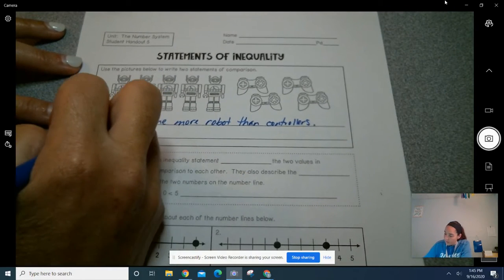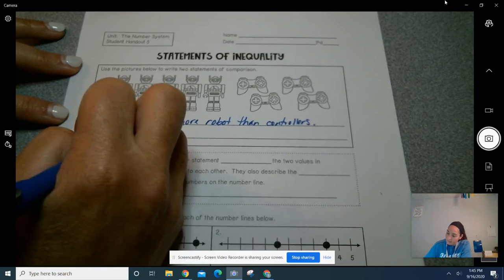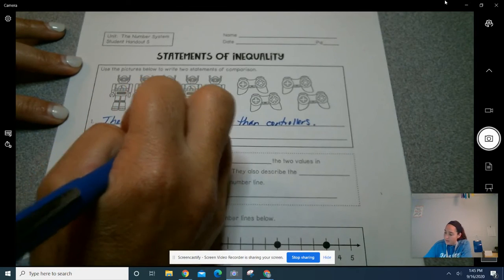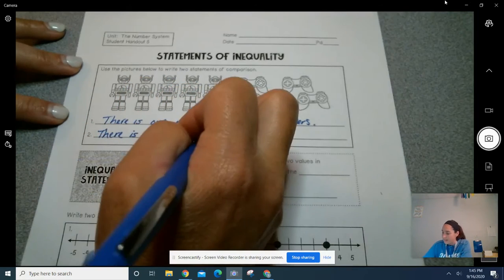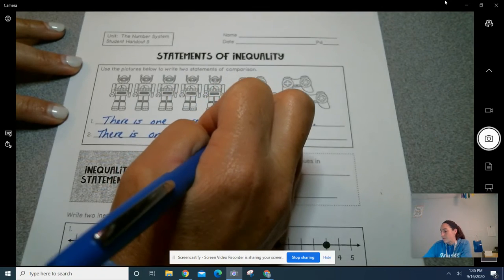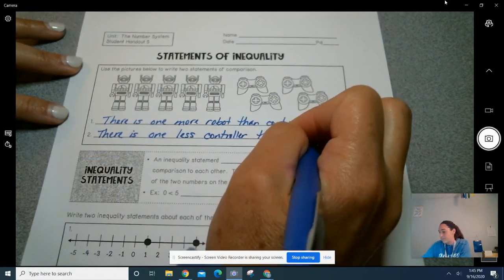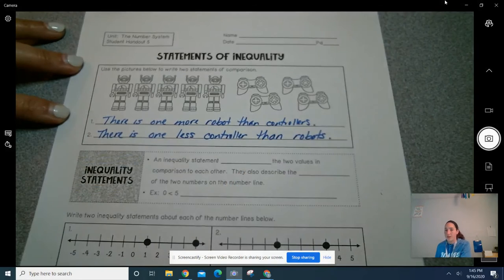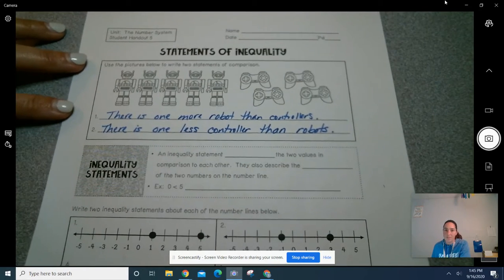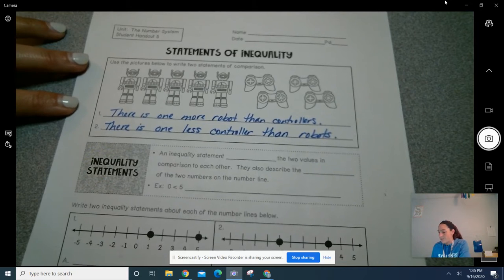Or you could put there is one less controller than robots. And that's just 2 statements of comparison using that image.